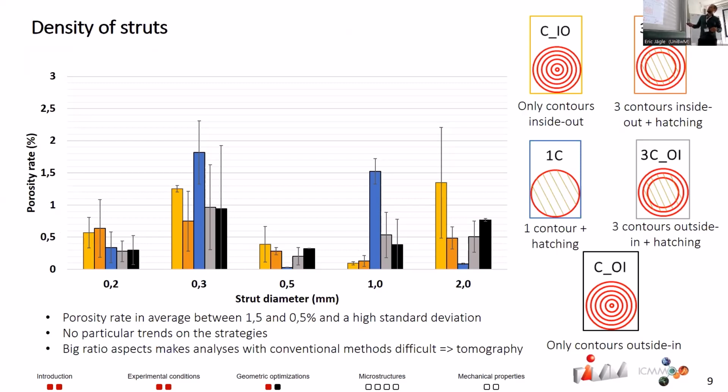So for example, here we can see that in general you have between 1.5 and 0.5 porosity rates, but there are not particular trends on strategies. And we are actually doing tomography on my samples to be able to see the porosity throughout the whole samples.